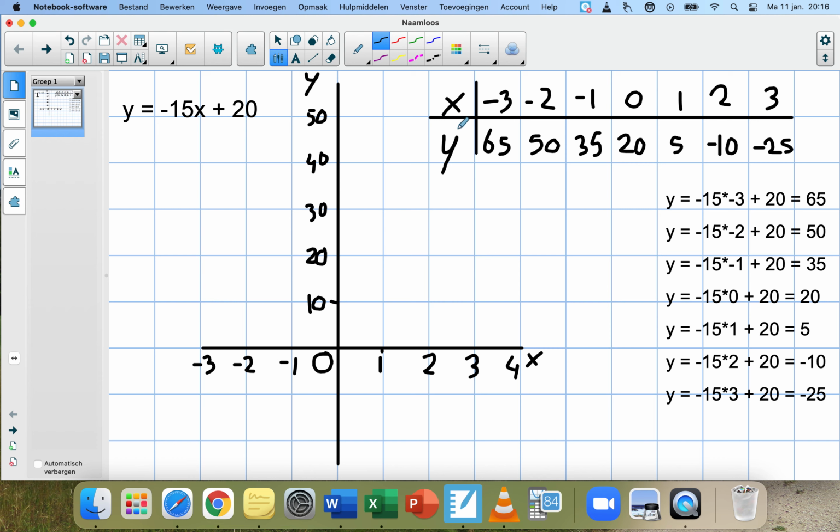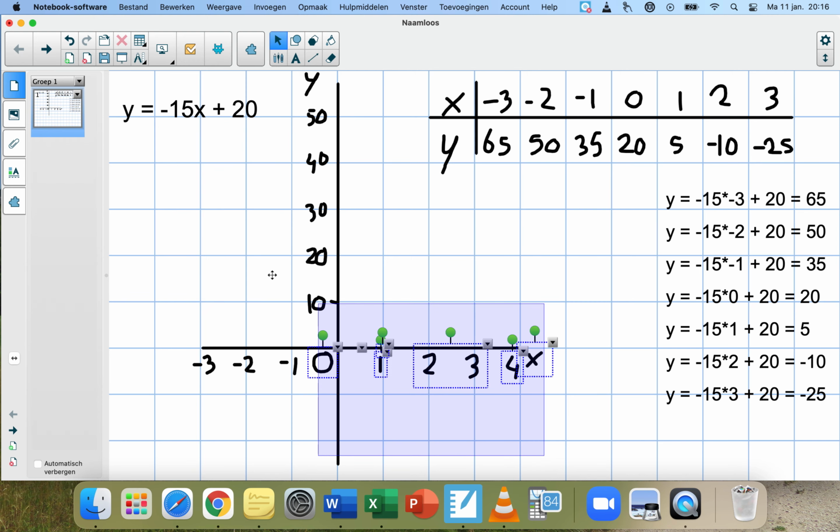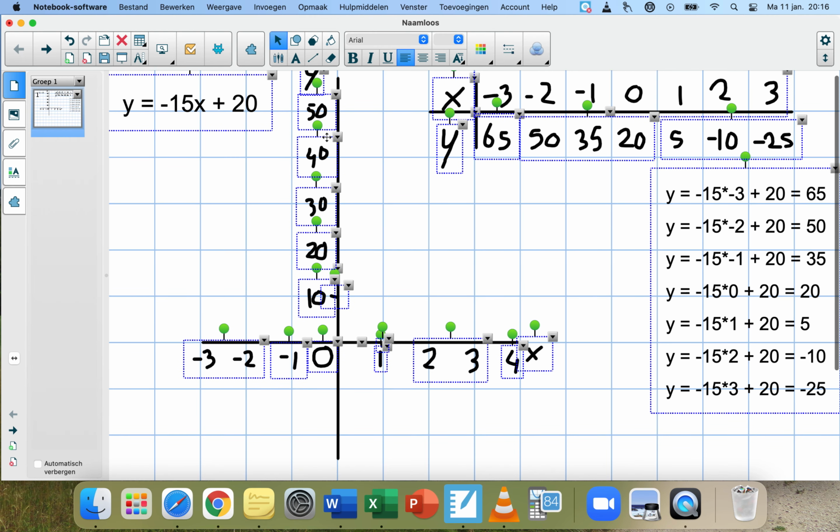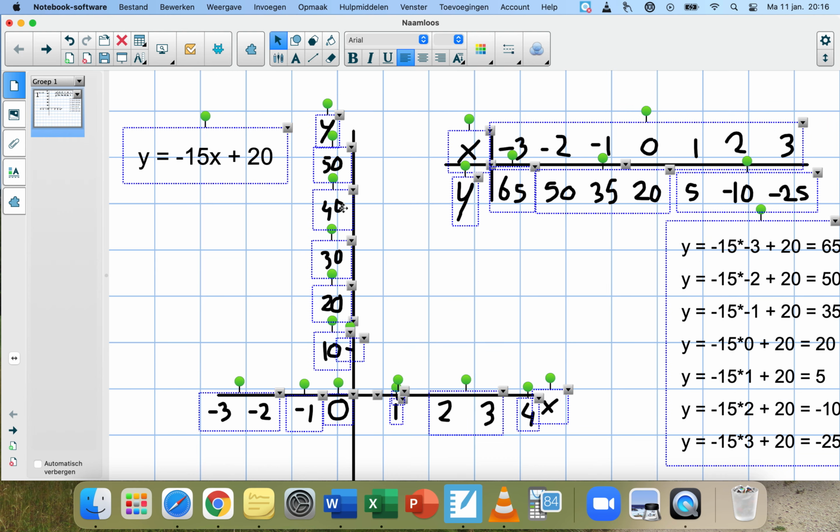Okay, now I'm having a problem because my screen isn't big enough, which means that this is not gonna work. We are going to move everything down.